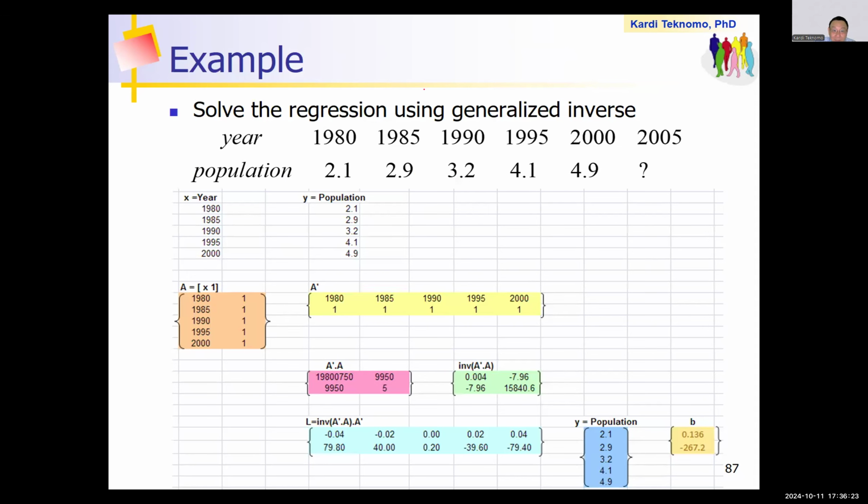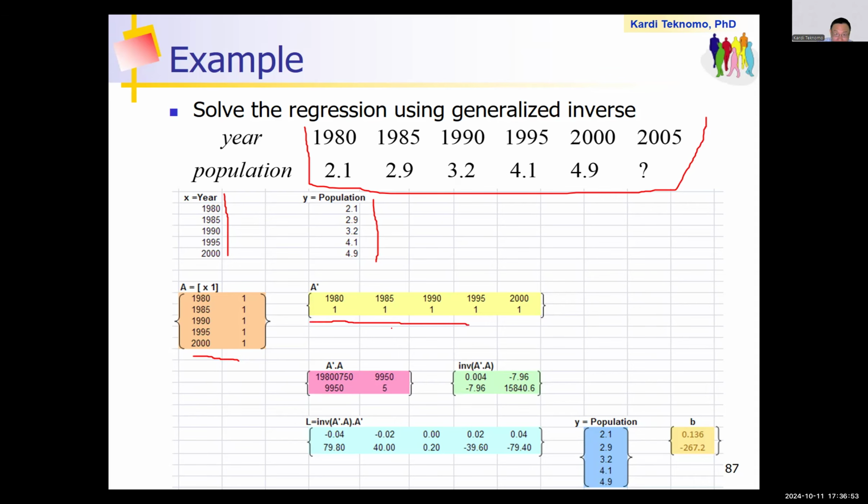Say you have the earlier data. This is the data that you have. Then we put X here in Excel and the Y, we just type. And then what we will do is we form the X and 1, so we form a matrix A. And then we transpose it.